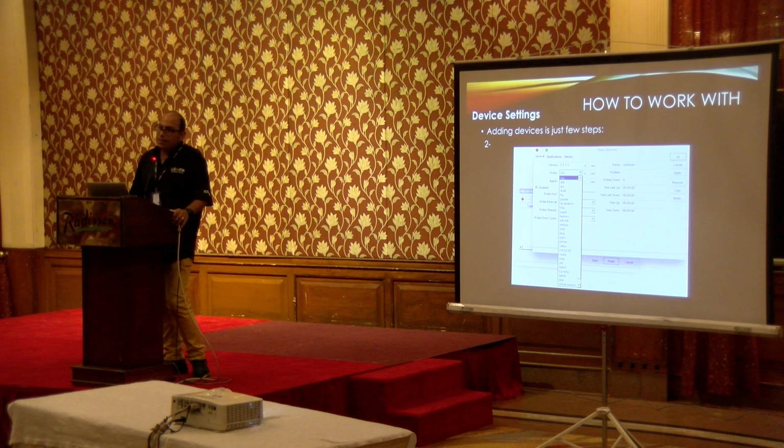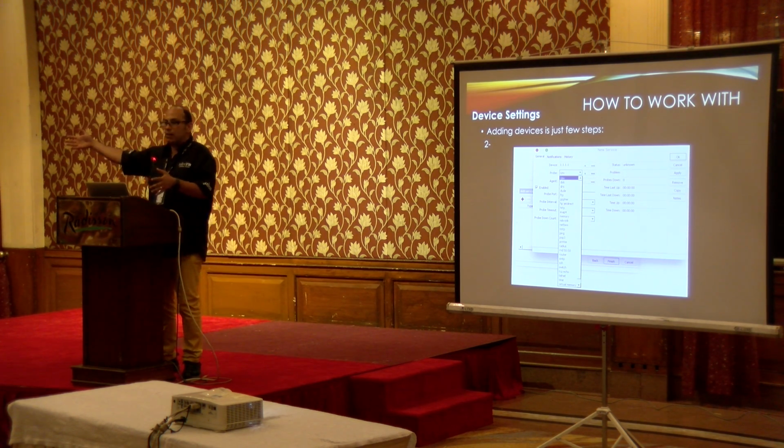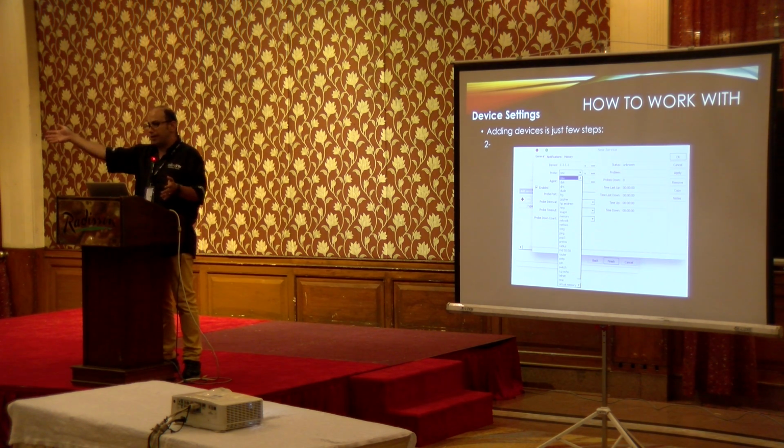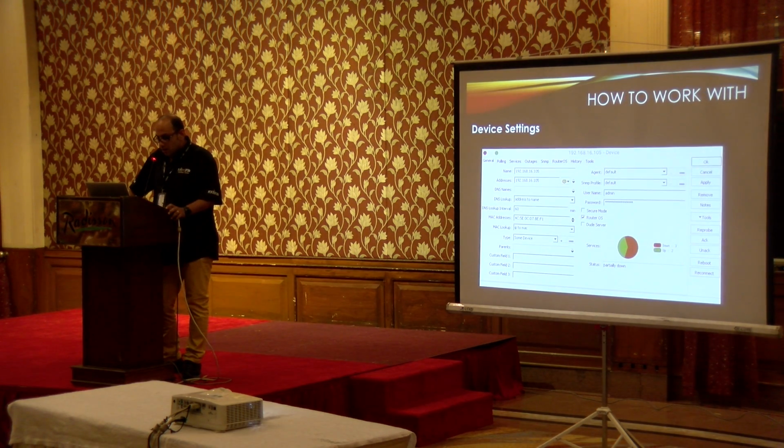So you can easily track any device all over the world, even if it doesn't have a public IP, even if you cannot reach it directly through the internet or any layer 3. With this agent option, you can access it with the help of the agent, because the agent already has information about that device. You just need to ask the agent. You don't need to access the device directly.